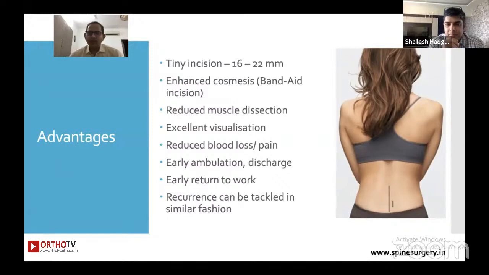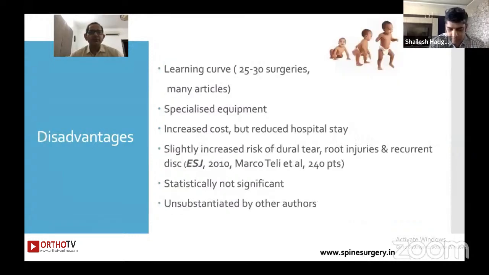There is significantly low blood loss, and the pain is far, far more tolerable. The patients are able to walk early. In actuality, they are able to walk within the first 3 to 4 hours only, and they are able to go home early. They can return to work early, and the recurrence, if it has happened, can also be tackled in a similar fashion.